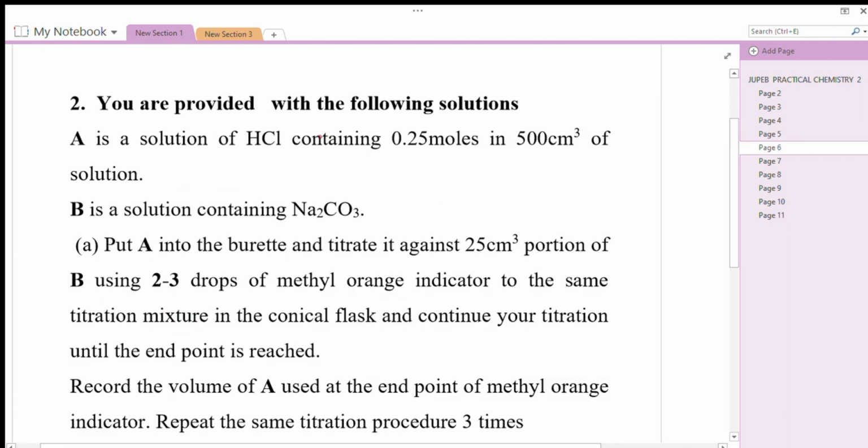Question 2. You are provided with the following solutions. A is a solution of hydrochloric acid containing 0.25 mole in 500 cm³ of solution, while B is a solution containing Na2CO3. Put A into the burette and titrate the given 25 cm³ portion of B, using 2 to 3 drops of methyl orange indicator in the conical flask, and continue your titration until the end point is reached.